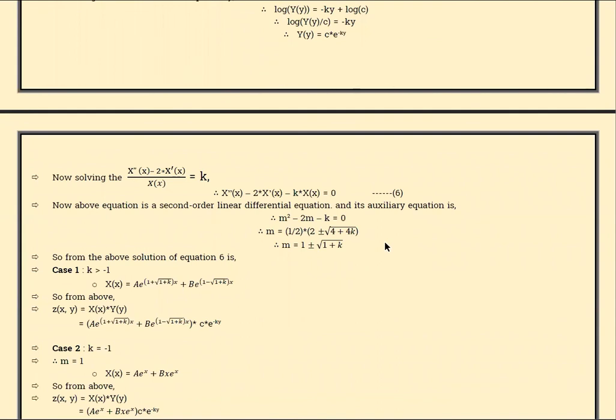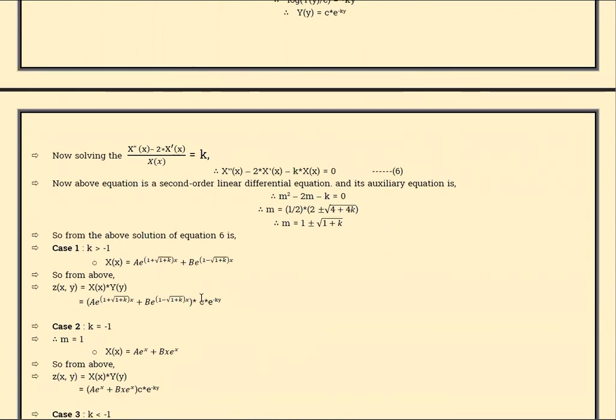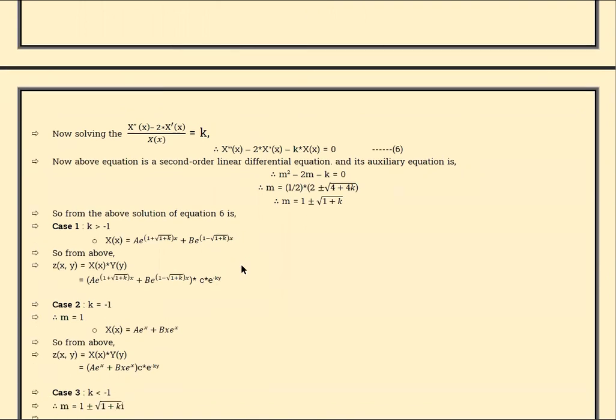Now we have three scenarios: the value of k greater than minus 1, the value of k equal to minus 1, and the value of k less than minus 1. Considering the first case, k greater than minus 1, we get x is equal to a into e raised to 1 plus under root of 1 plus k into x plus b into e raised to 1 minus under root of 1 plus k into x.